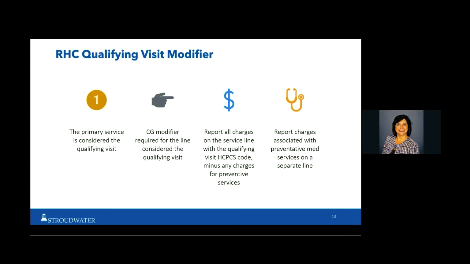So it allows the system to calculate those preventative services and lowers the amount that your patient will have to pay for the visit to your rural health clinic. So that's for preventative services, and all other services get put on a single line.